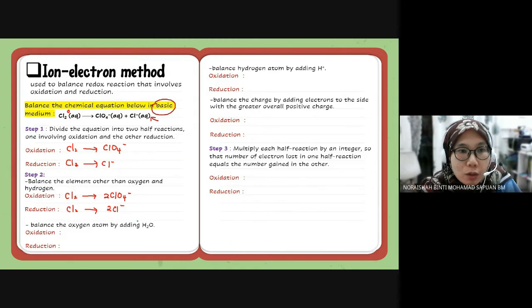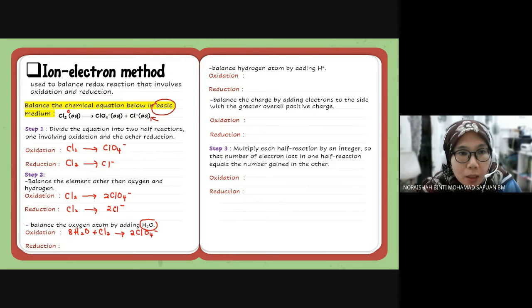Balance the oxygen atom by adding water. So oxygen atom dekat sini, oxidation reaction ni, oxygen ada 8, 2 darab 4. Okay, so ada 8 oksigen sebelah kanan, kita tambah 8 air. Cl2, and then dia akan form 2 ClO4 minus.